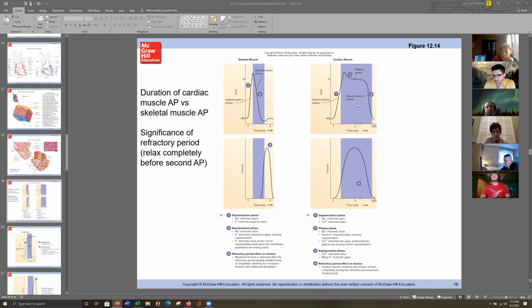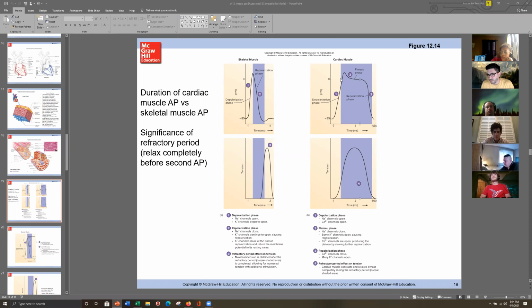So if we look at our action potential for cardiac muscle on the upper right-hand side here, we see that there's this interesting plateau phase as part of the refractory period. So this is the part where we have those intercalated discs coming into play. What this does is it increases the time that the neurons innervating the cardiac muscle have to relax.